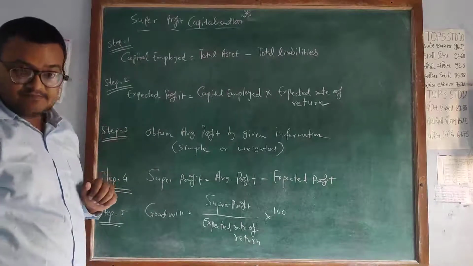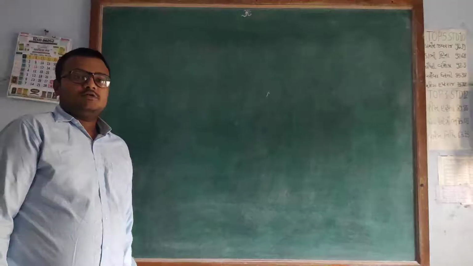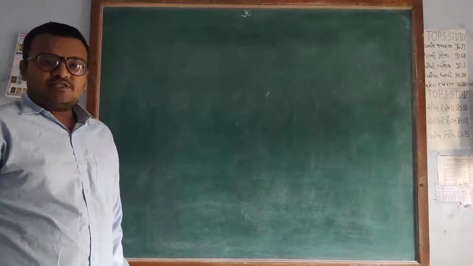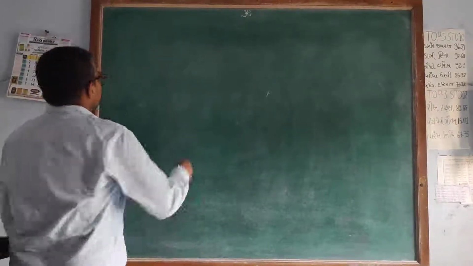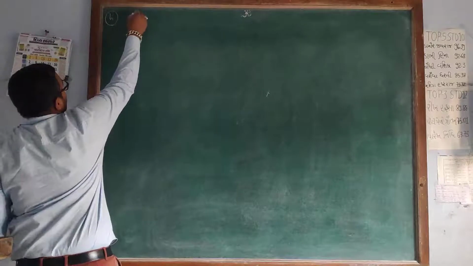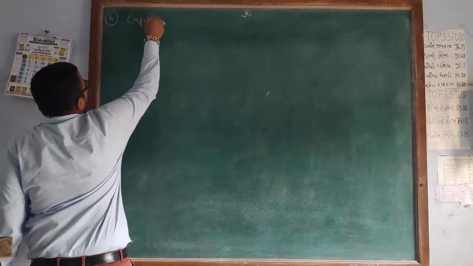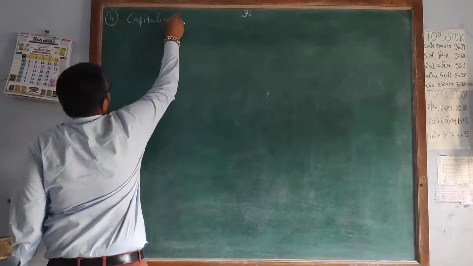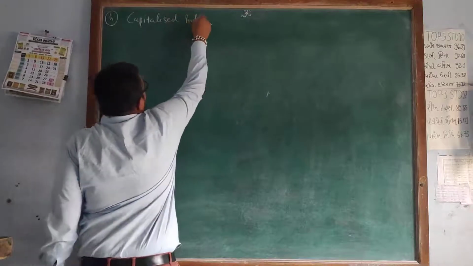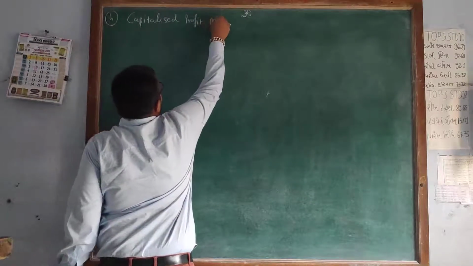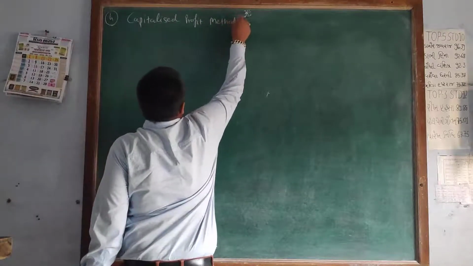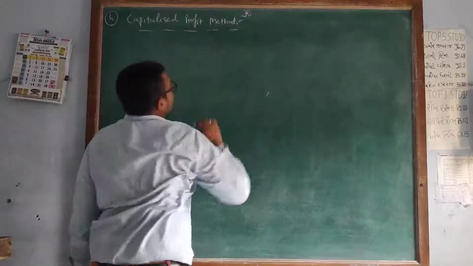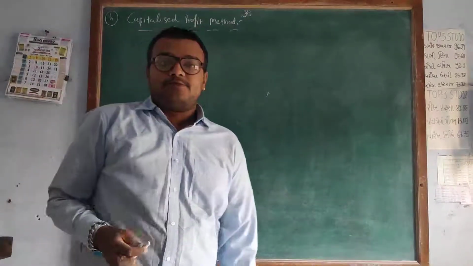Write down this. The last and the fourth method will be method number 4, the capitalized profit method.